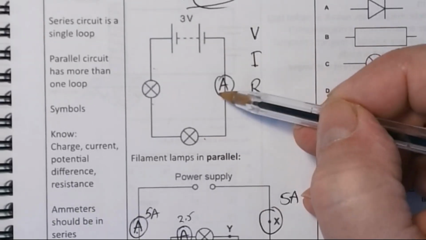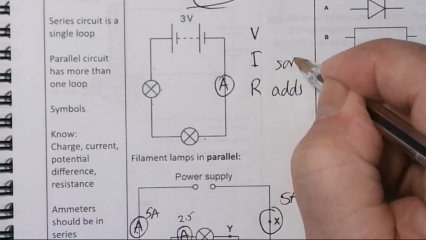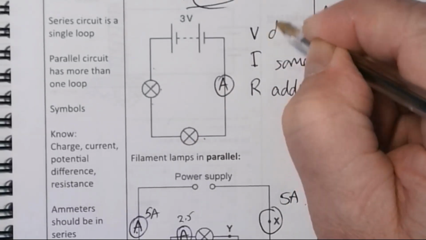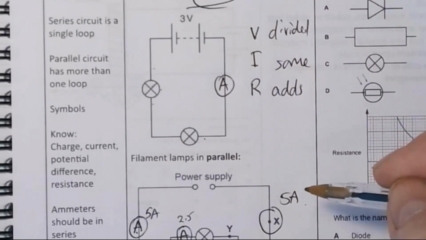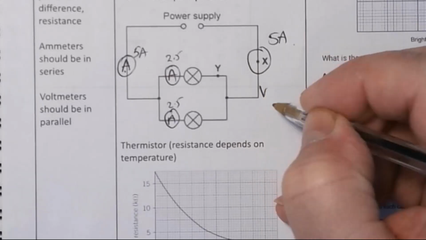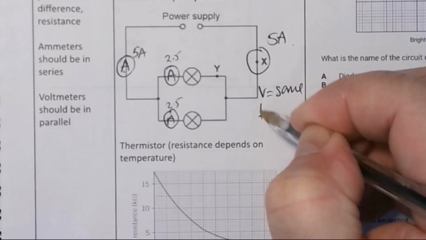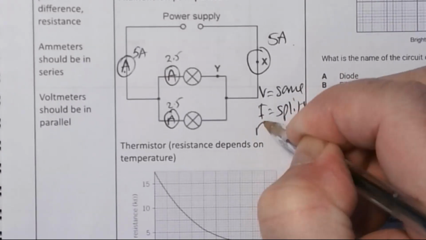The resistance adds up. For a parallel circuit, voltage across each pathway is going to be the same. Current splits and the resistance is reduced.